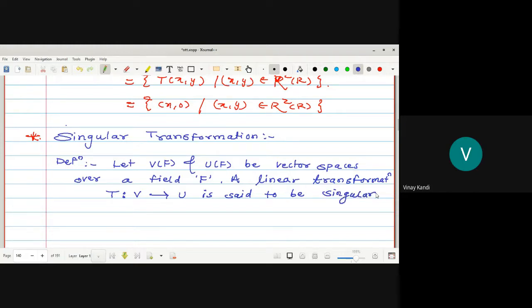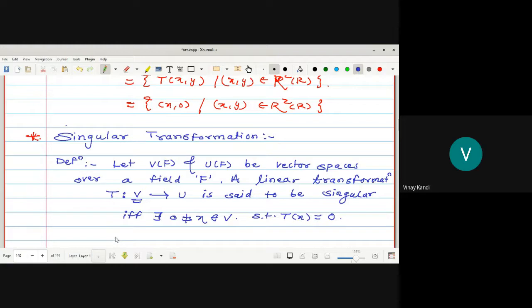Said to be singular if and only if there exists x not equal to 0, that is, a non-zero element from the domain V, such that if we apply T on that element, T of x is equal to 0.